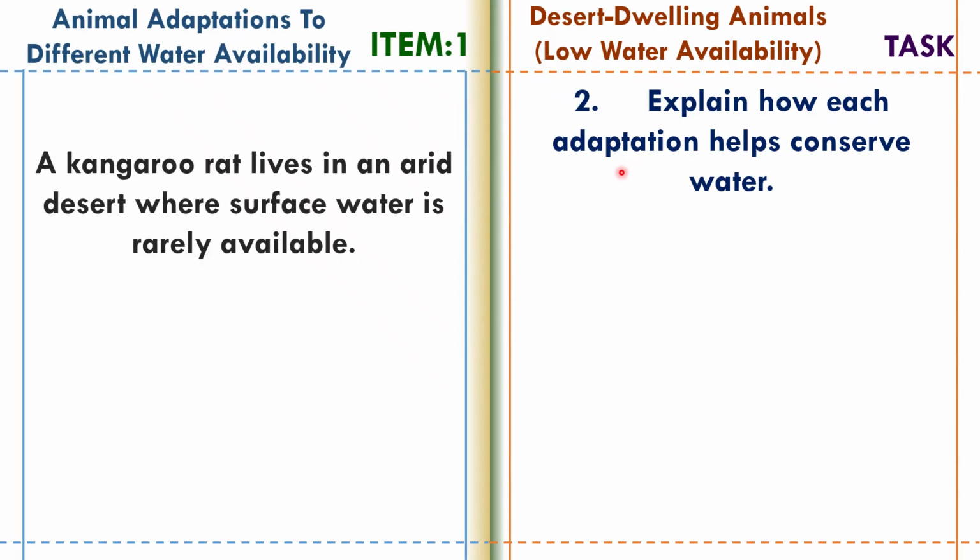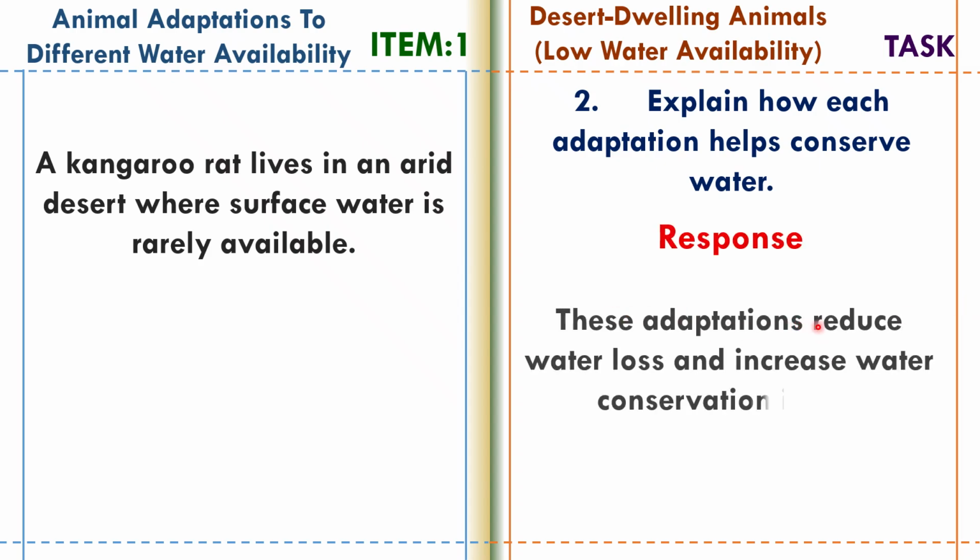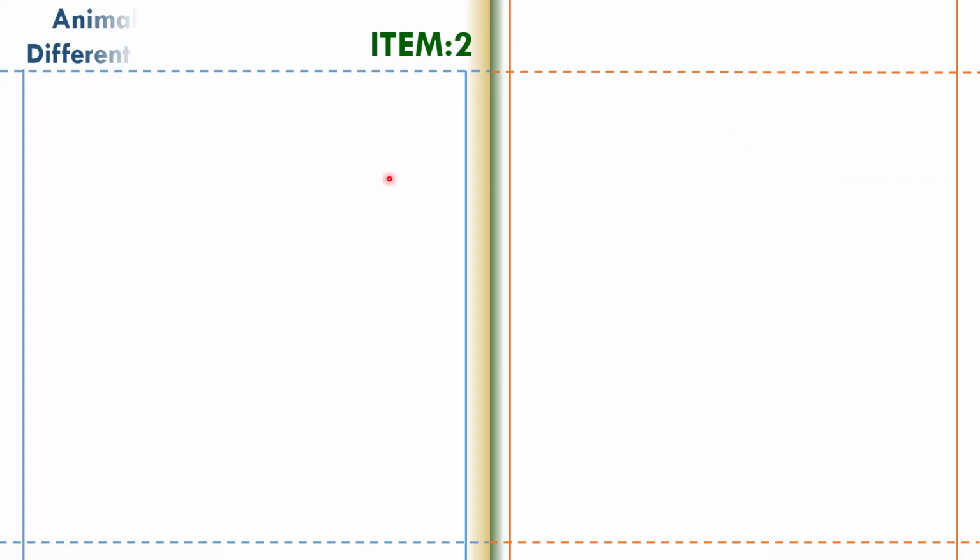Explain how each adaptation helps conserve water. These adaptations reduce water loss and increase water conservation in dry environments. Animal adaptation to different water availability, item 2.